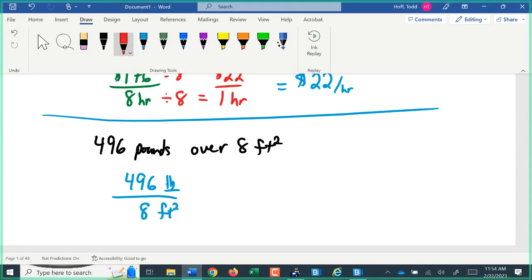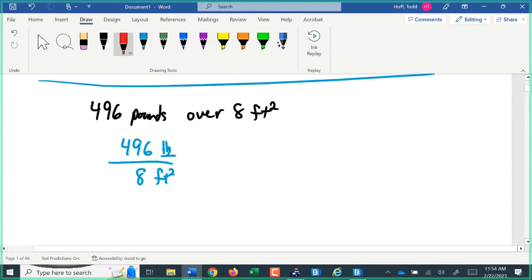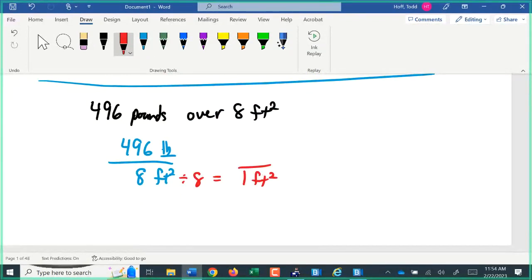Again, the second number needs to be reduced to a 1, so we're going to divide by the numerical part, the 8. 8 square feet divided by 8 is 1 square foot. And on top, 496 pounds divided by 8, what is that? 62 pounds. So 62 pounds over 1 square foot, or again, most likely written as 62 pounds per square foot, like that.